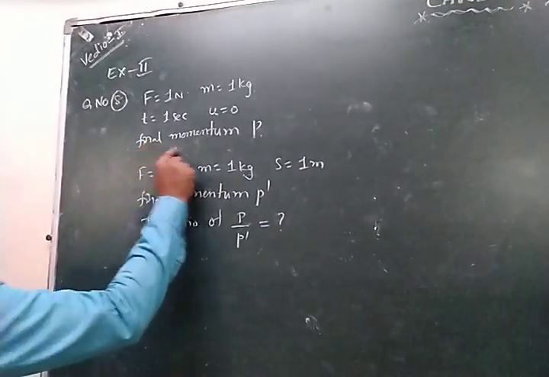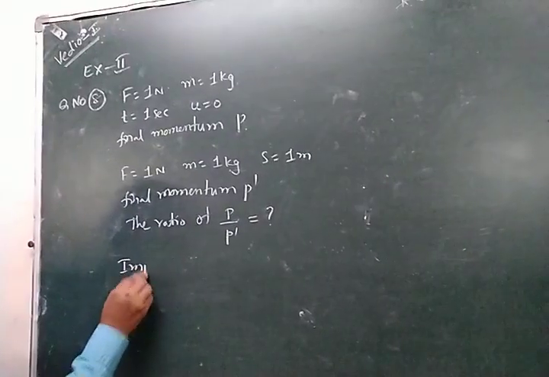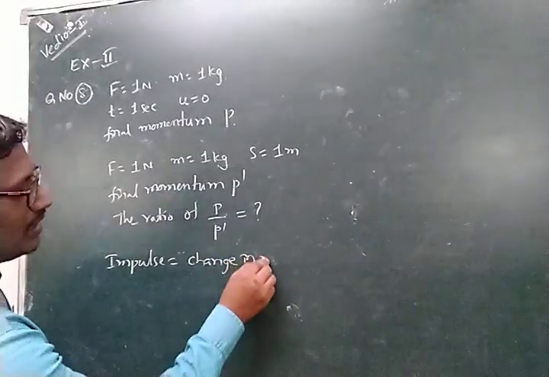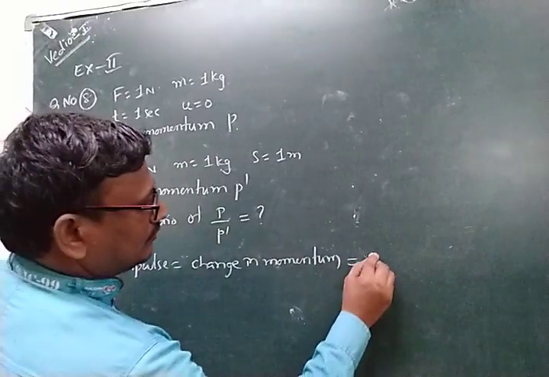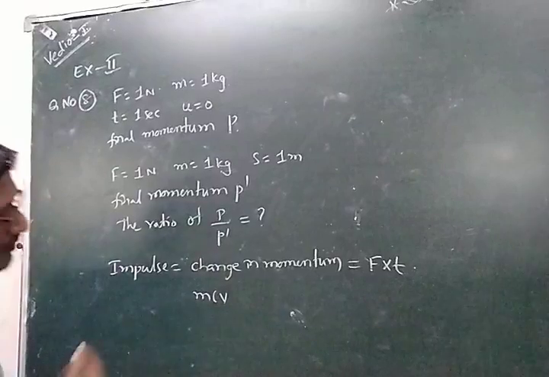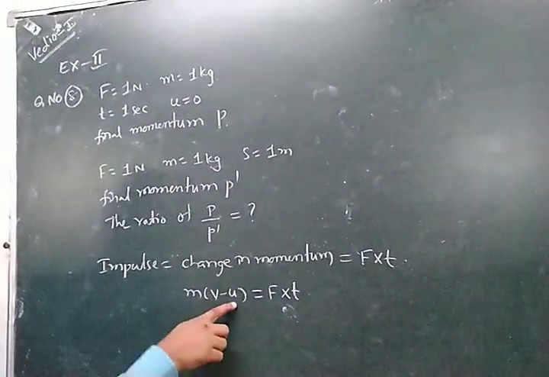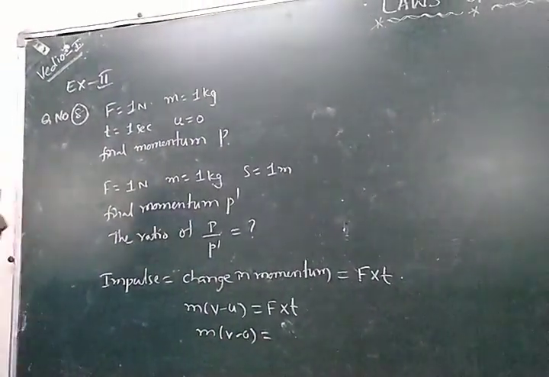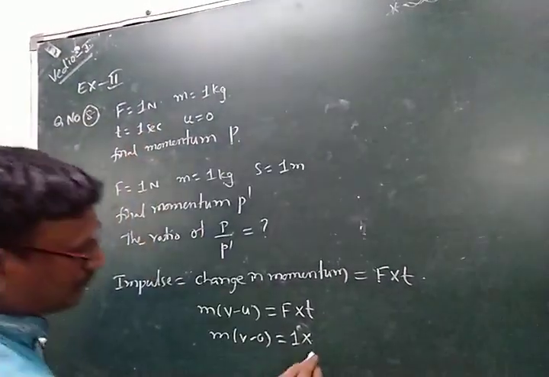First we can find the momentum. What is the formula for the momentum? We know the impulse. Impulse is equal to change in momentum, which we can write as F into T. The change in momentum is nothing but M into (V minus U), which is equal to F into T. Here initial velocity is 0, so M into (V minus 0) is F into T. F is 1, into time, which is 1 second.